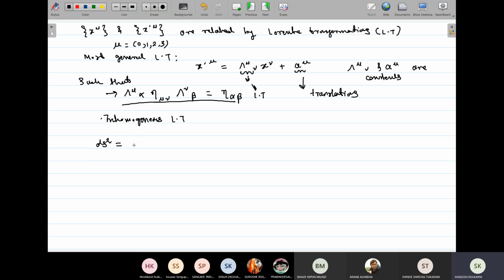Remember, we can write this ds squared in terms of the metric and differentials: eta mu nu dx mu dx nu. Suppose I define ds prime squared as the 4-distance between two points p and q, taken once in the unprimed coordinate system and then in the primed coordinate system, same points p and q.